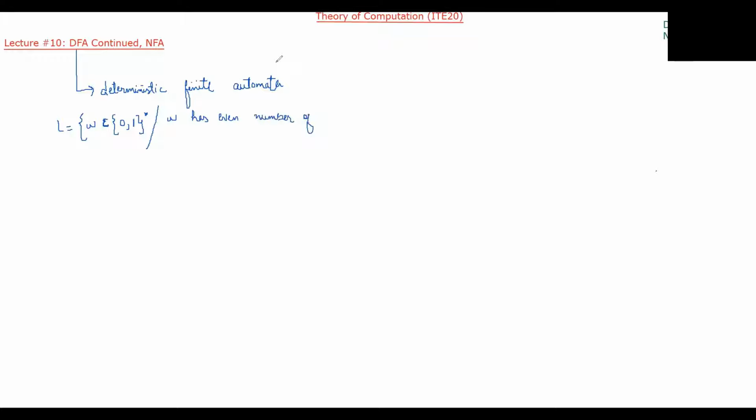Or let me rub it out. Let's discuss some more complex problem. W has number of 1s congruent to 2 modulo 3.